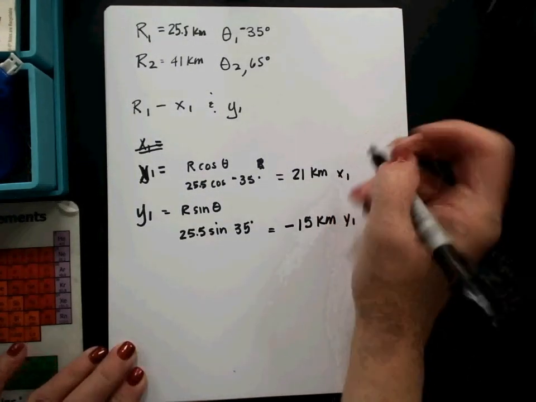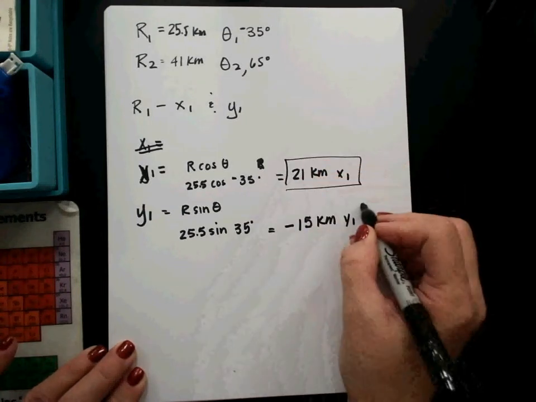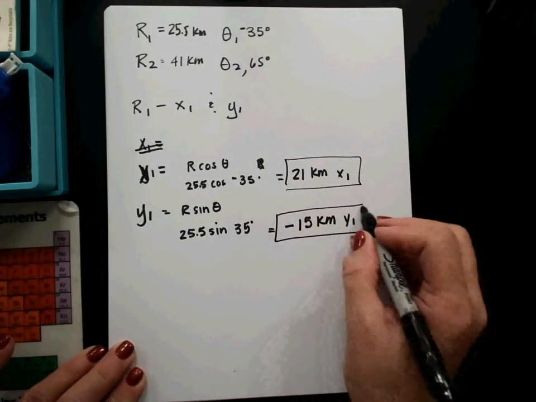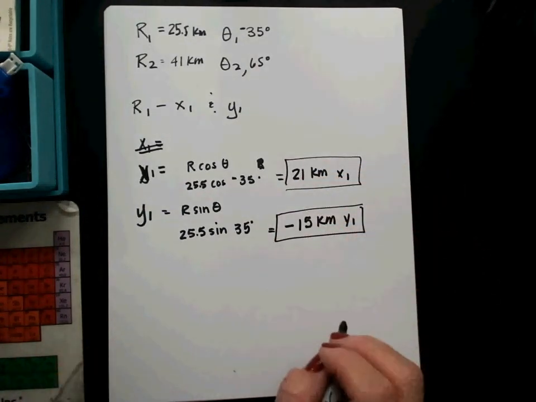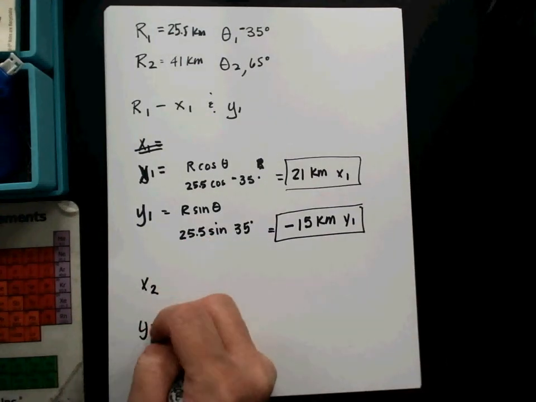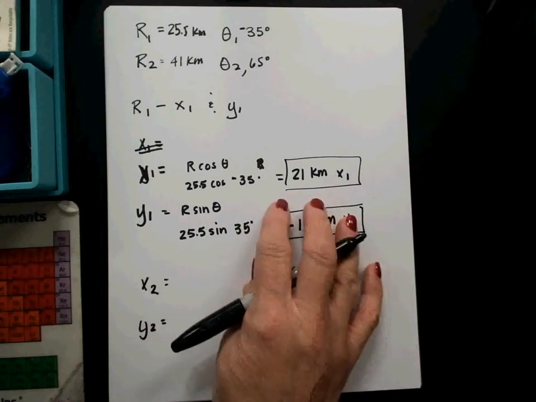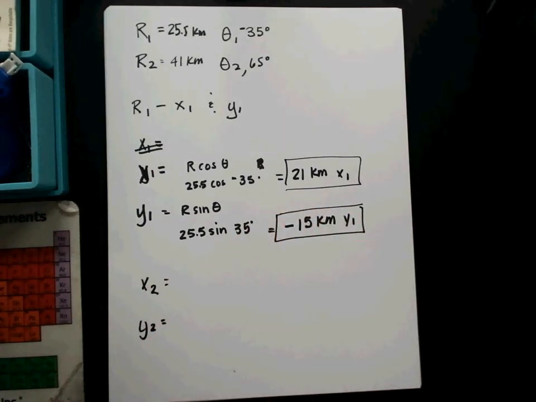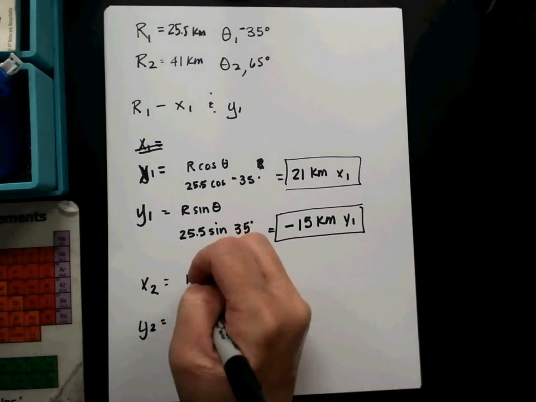Okay. So, this is my Y1, this is my X1. And I really would keep this in good order because sometimes you have to go back and find things. So now let's solve for X2 and Y2. Anybody have any questions about how we got those? Okay. So you guys solve for X2 and Y2.